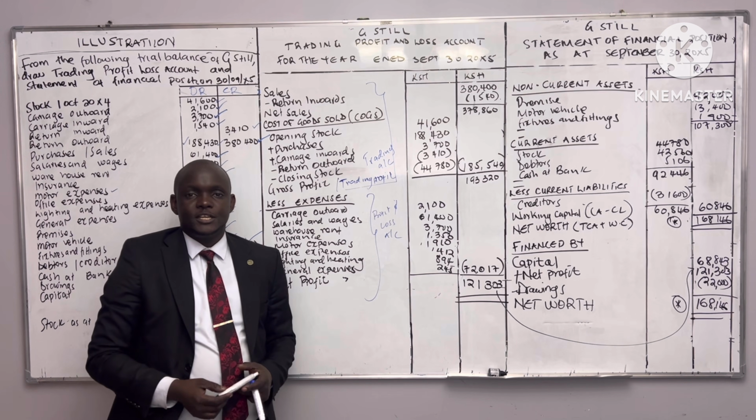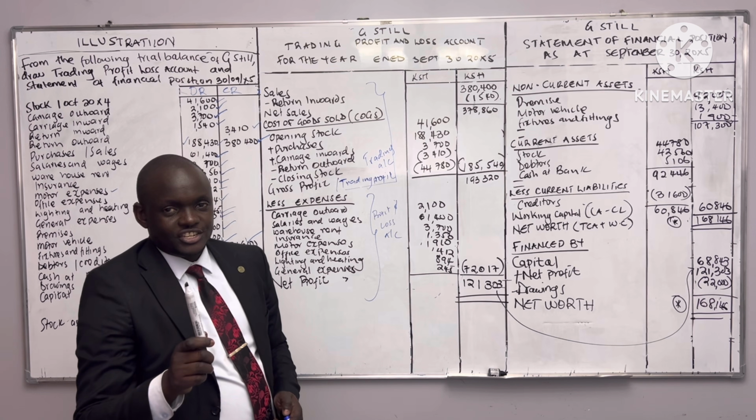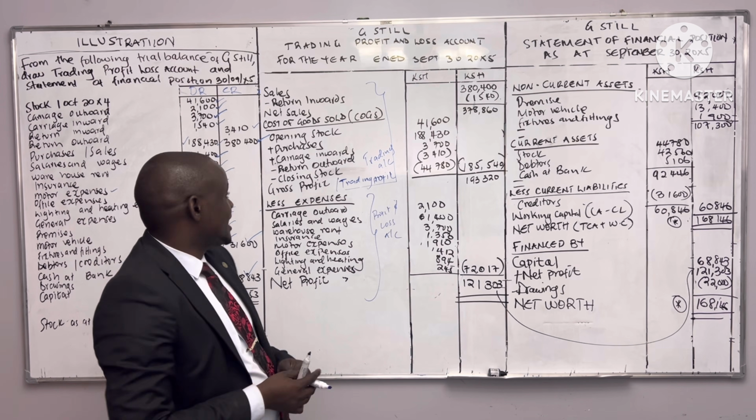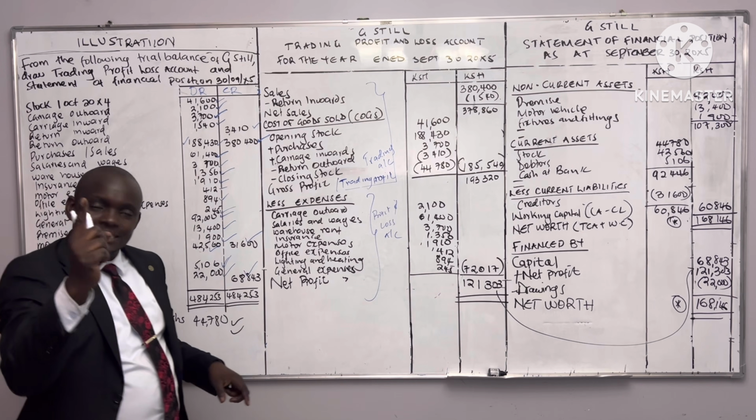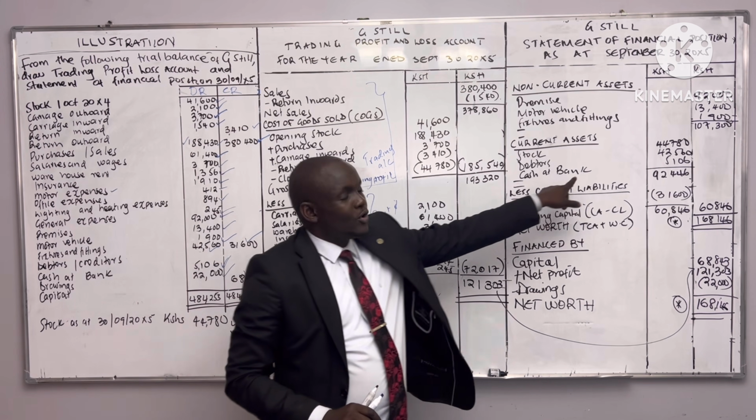I want to repeat, the catch, the trick in this question is that every information in the trial balance is posted once, either here or here.